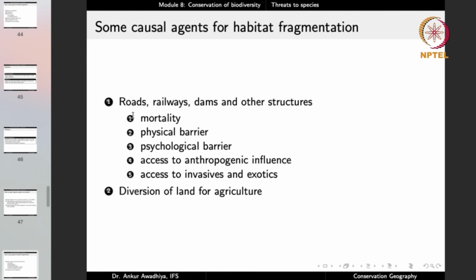When animals get into accidents with fast moving vehicles, the animals will die. Or there is a physical barrier. In a large number of cases, if there is a road moving through the forest, then to prevent accidents, the road department will set up fences on both sides. Once you have fences on both sides, the animals have no way to move from one parcel to another because there is a physical barrier.